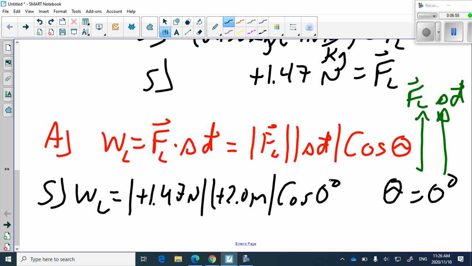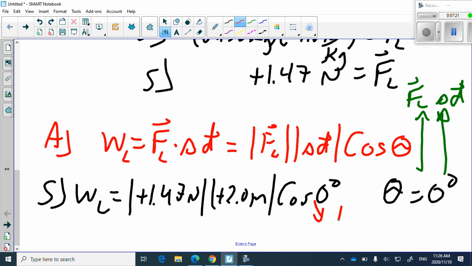Now, I hope you all know what the cosine of 0 is. Put it in your calculators. I'm talking to the kids in class here. Come on, kids. Cosine of 0. Do it. It's good practice for you. What do you think? Amy? 1. The cosine of 0 is 1. So this just becomes 1.